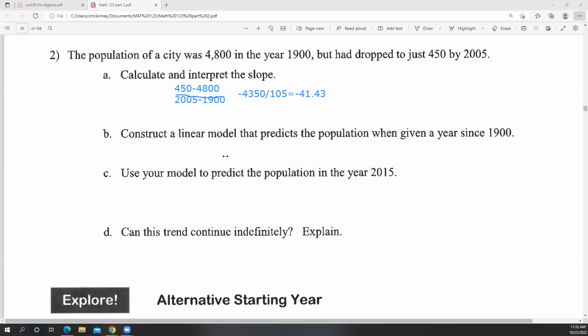And then if I'm going to write my linear model, I would have y equals, then I insert my slope, and an x. And then what would our b be? What's our starting point in this case? The 4,800.